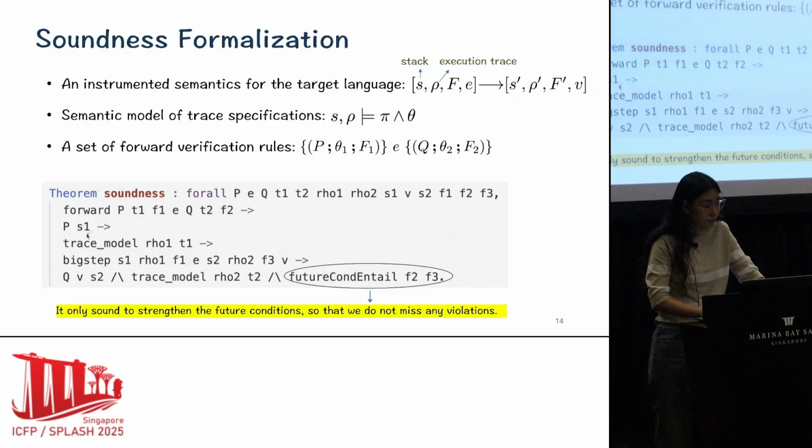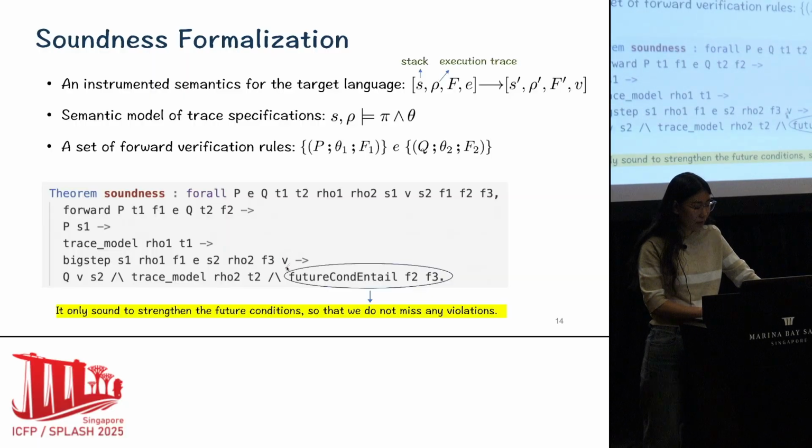And then if the concrete stack state S1 satisfies the precondition and the execution trace at the beginning, rho 1, satisfies the trace theta 1 at the beginning, and the big step semantics also transforms the concrete state S1 rho 1 F1 into S2 rho 2 F2, with a concrete value V here.